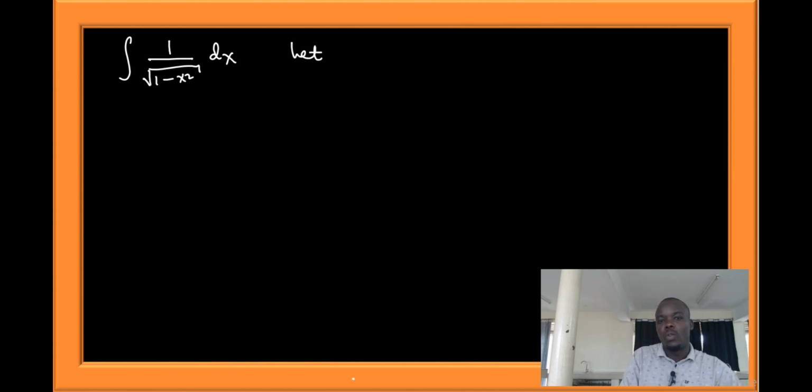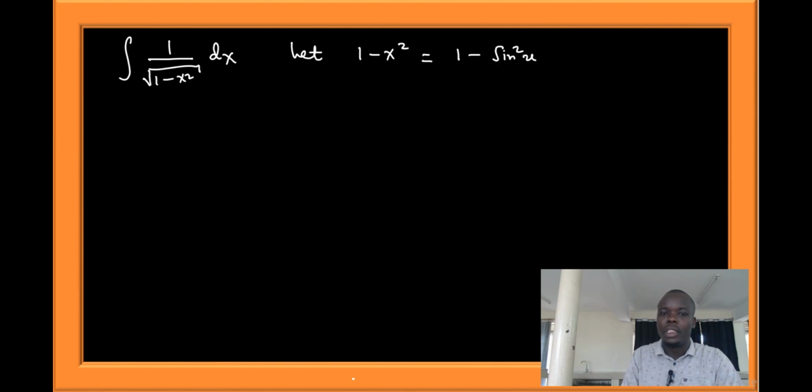In my solution, I will say let 1 minus x squared be the same as 1 minus sine squared of u. I have taken a choice; some other person could take another choice.